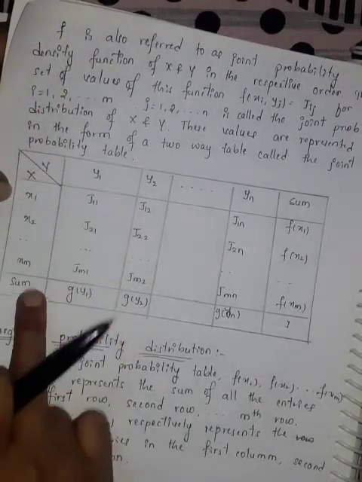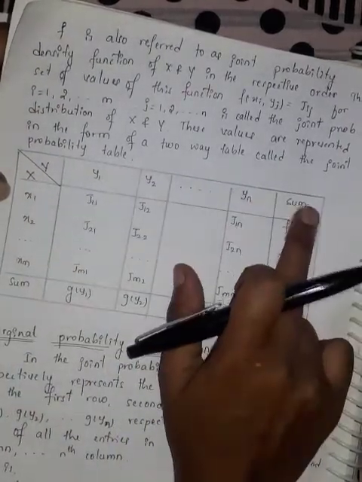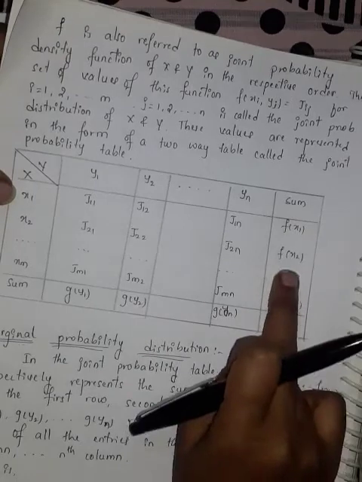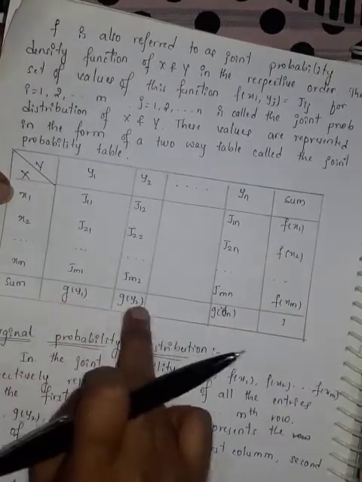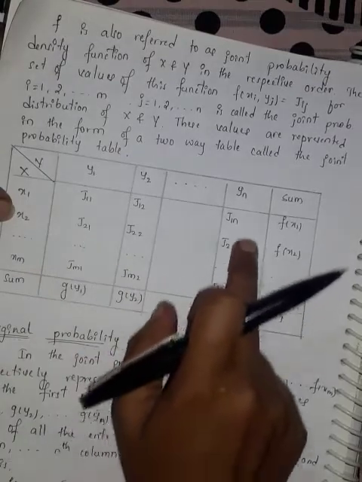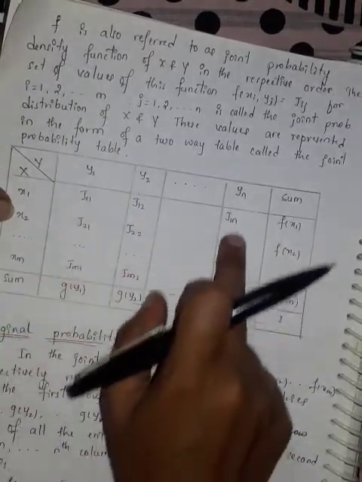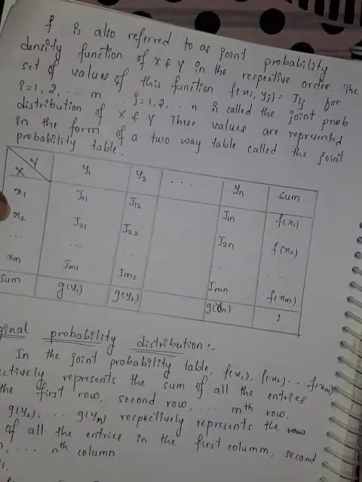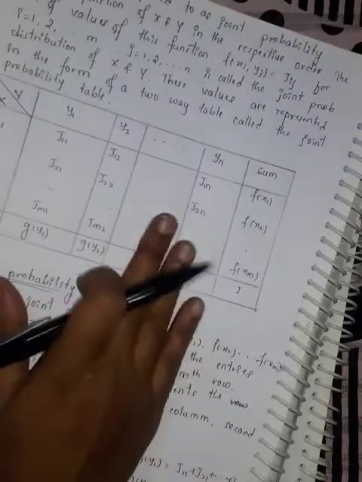They gave all the xi and yj values, and also they gave f of x1, f of x2 and g of y1, g of y2, all of these. We have to find all the Jij entries by multiplying the given marginal entries.